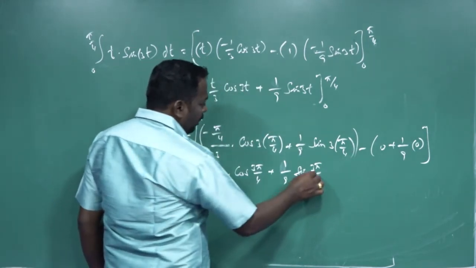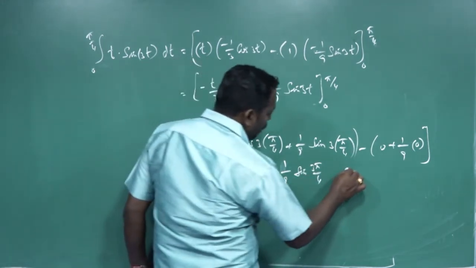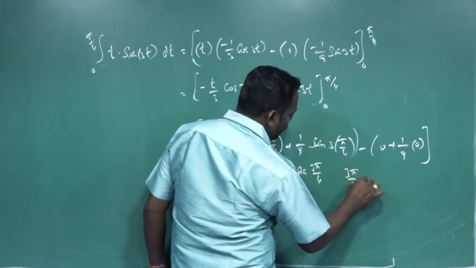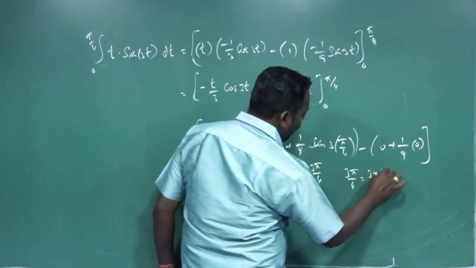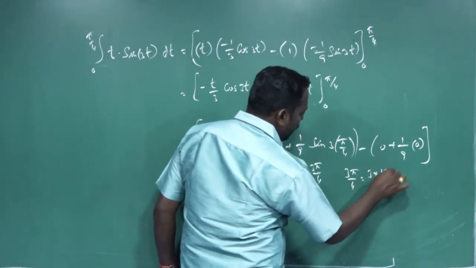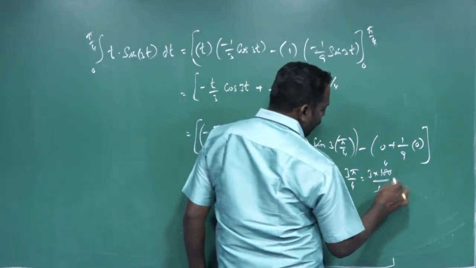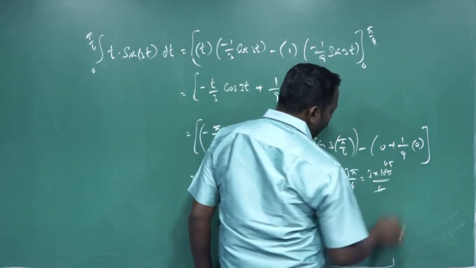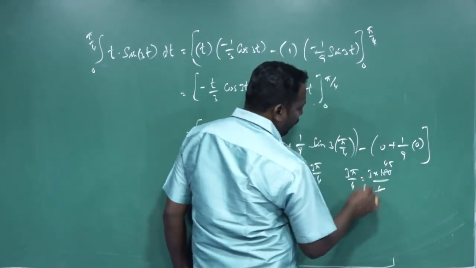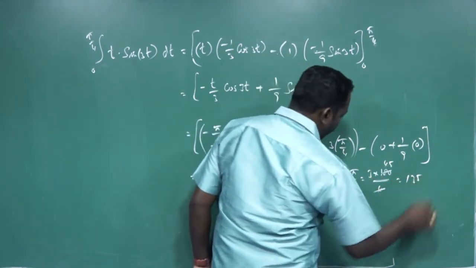Now just find out the value of 3 pi by 4. 3 pi by 4 equals 3 into 180 by 4, 4 times 45 is 180, so 45 into 3 equals 135.